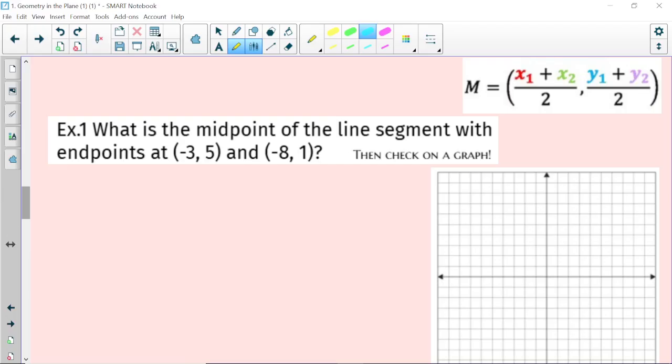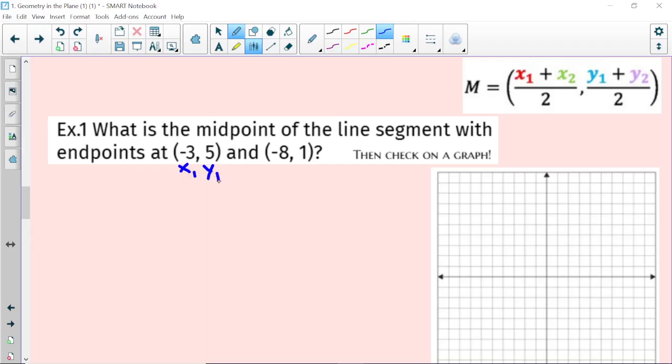So the very first thing we want to do is label our endpoints, x1, y1, x2, y2, so that we can make sure they go into our formula properly. Okay, so -3, 5, I'm going to label this guy x1 and y1.